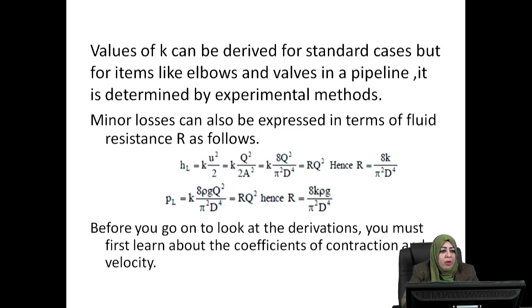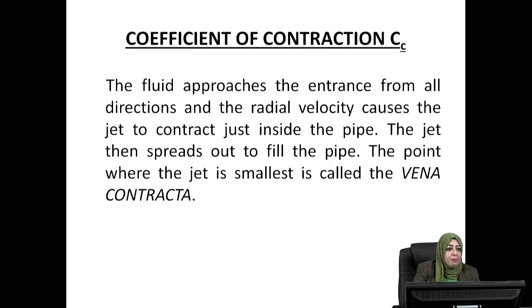Before looking at the derivation, you must first learn about the coefficient of contraction and the coefficient of velocity. Now, coefficient of contraction: we need to know how to find C sub C. The fluid approaches and enters from the direction, and the radial velocity causes the jet to contract just inside the pipe. The jet then spreads out to fill the pipe.